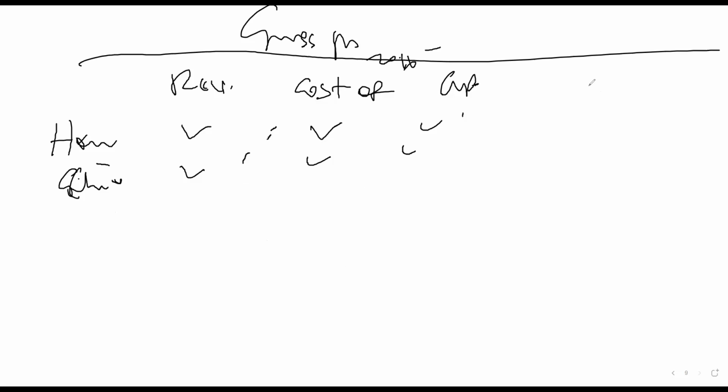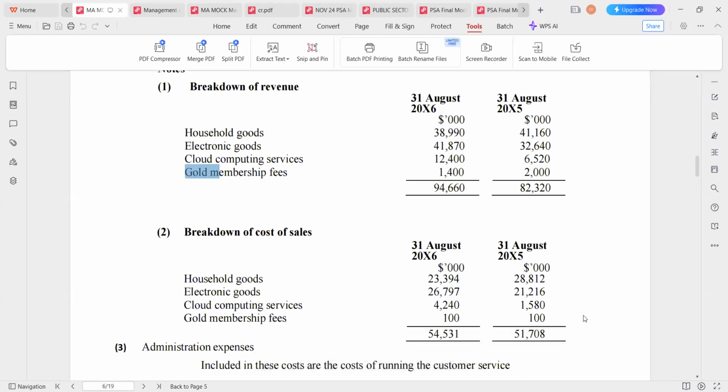When you're done, put the total somewhere here, and then you get it done. So this is how you do the calculation for all the items for 2016 and 2015. I'm done. If you have any question, ask on the calculation.